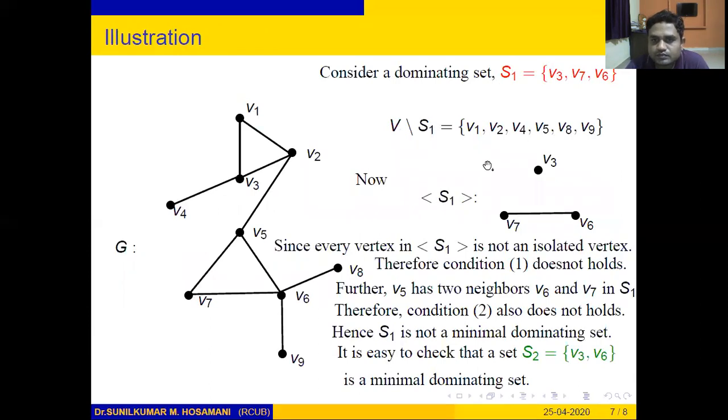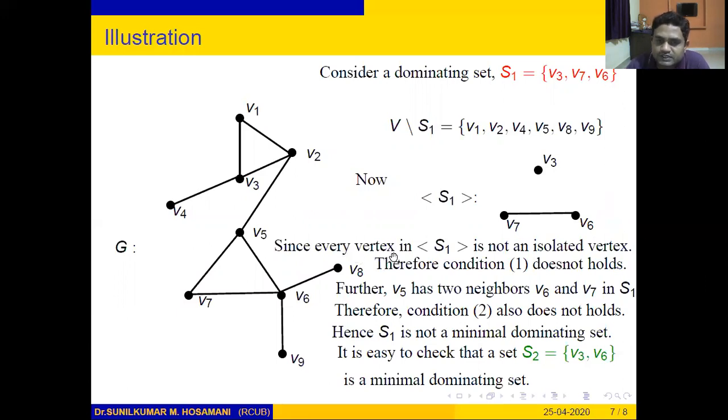If I draw the induced subgraph of S1, there is an edge between V6 and V7. V3 is an isolated vertex, but V6 and V7 are connected. According to the characterization theorem, all vertices must be isolated. Therefore, S1 is not a minimal dominating set.